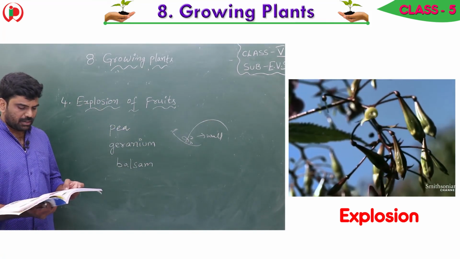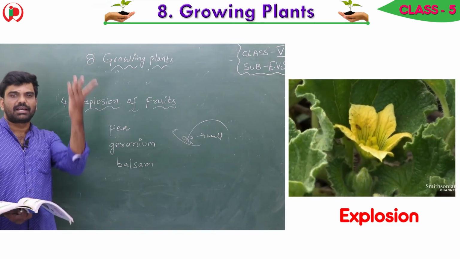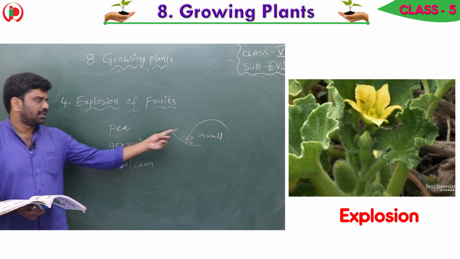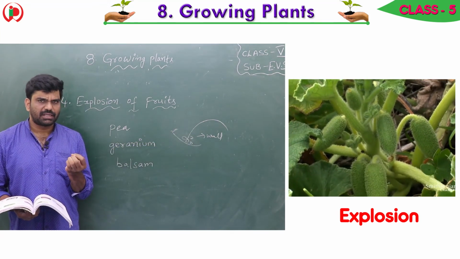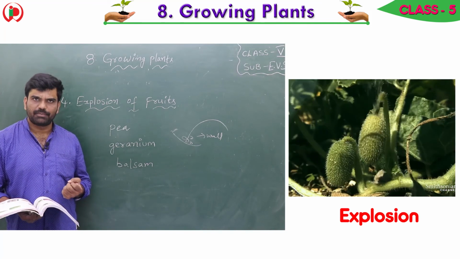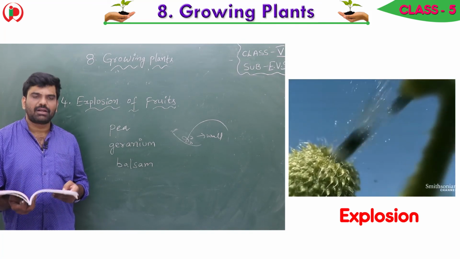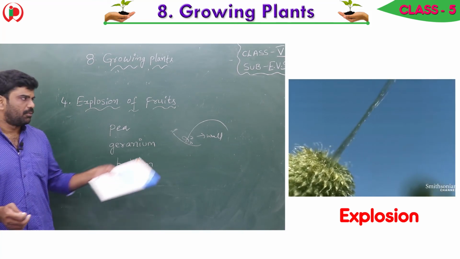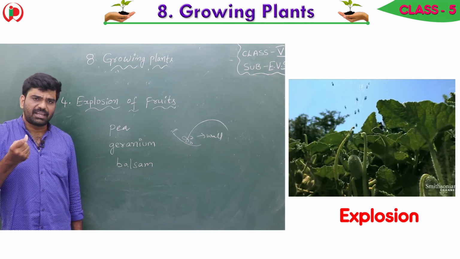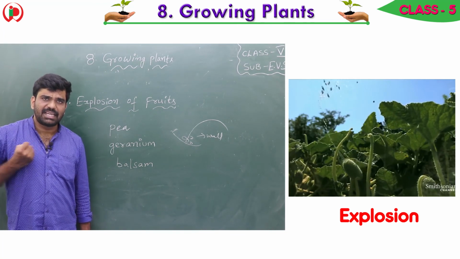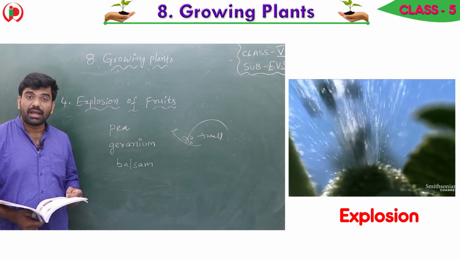It bursts with a great force, like a bomb, throwing out the seeds. So that is called explosion. When the fruit wall gets dry, with a great force these seeds get dispersed like a bomb. So this is called explosion.